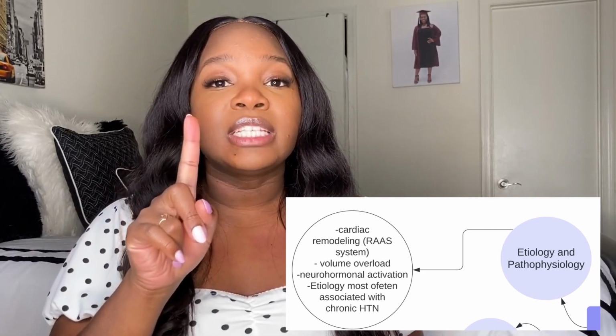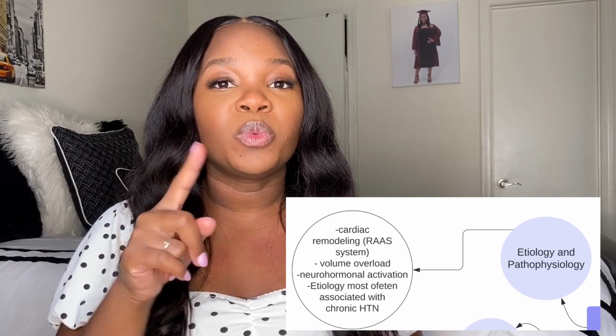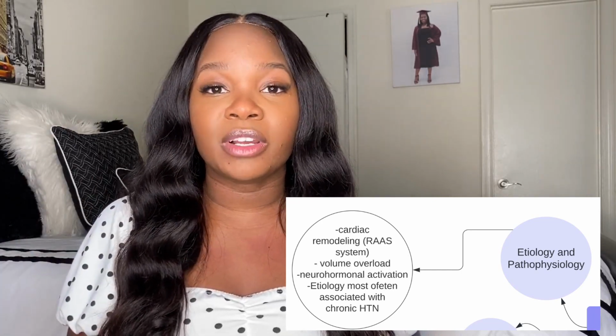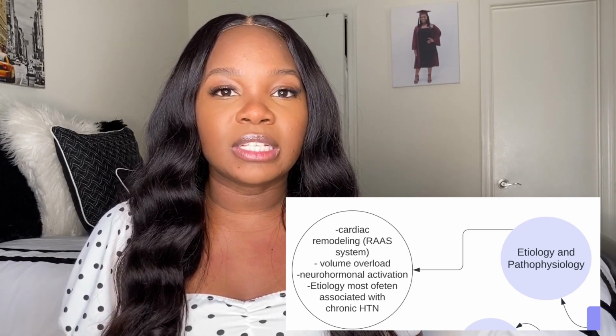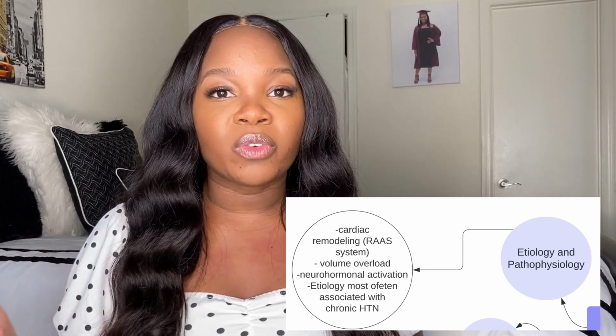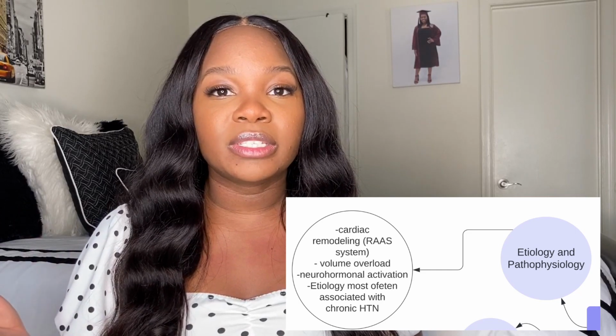So the first thing is volume overload. With these patients, we will talk in the future about some signs and symptoms that are associated with volume overload. We also want to think about, for pathophysiology, the RAS system, or the renin-angiotensin-aldosterone system.